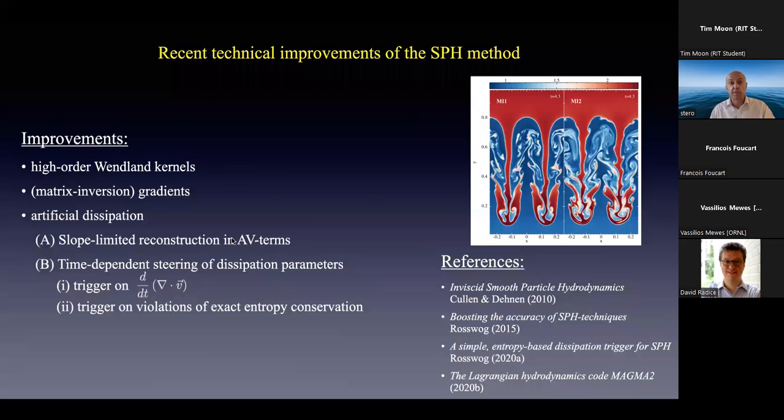So this is very, very similar to what you do in finite volume methods. And this already does a huge thing in reducing unwanted dissipation, but you can do even better. You can then also make your dissipation parameters time-dependent in various ways, and this works very, very nicely. And if you're interested in the technical details, this is illustrated in those papers here.